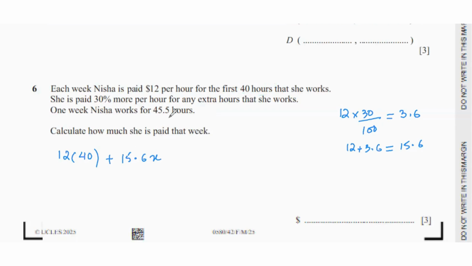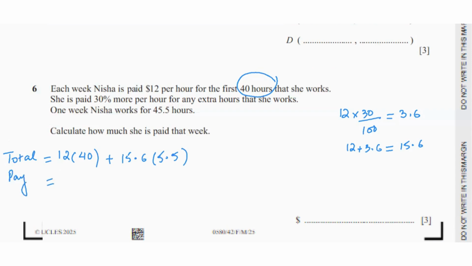One week Nisha works for 45.5 hours. Out of those 45.5 hours, 40 hours are the first 40 hours for which she's paid $12 per hour. So now for the extra 5.5 hours, which is going to replace x, she will be paid $15.6. So now this will give us her total pay.